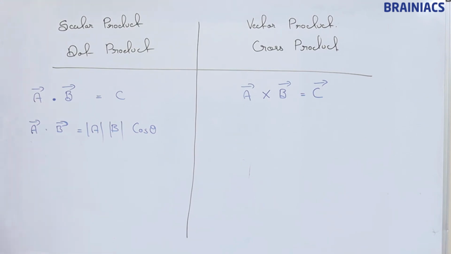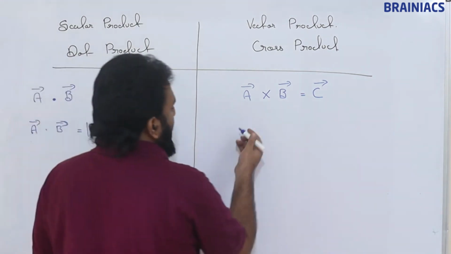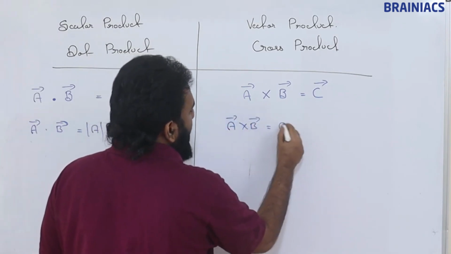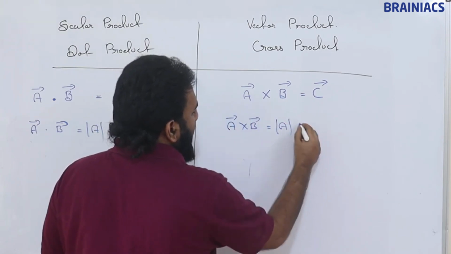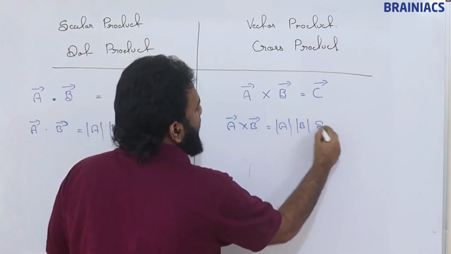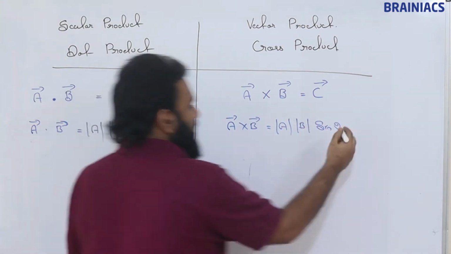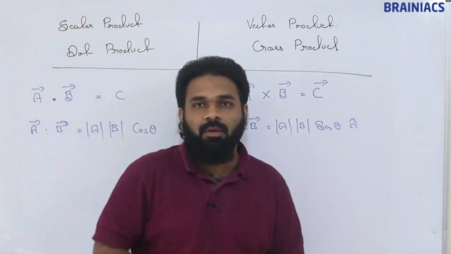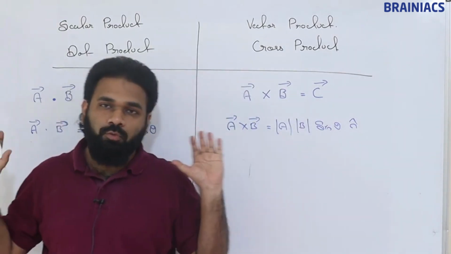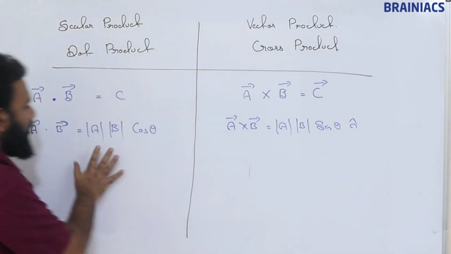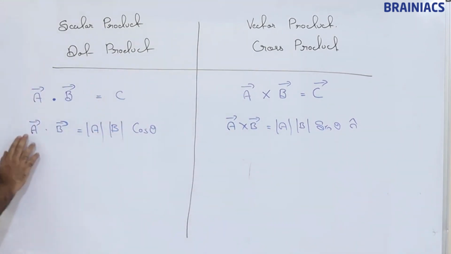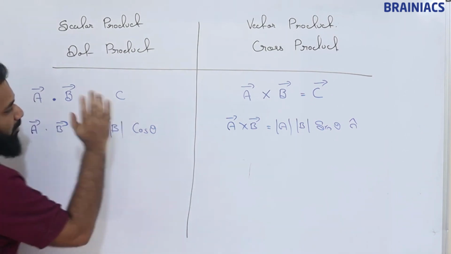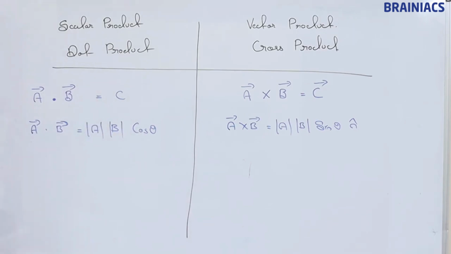This is A dot B. When we come to cross product, A cross B is magnitude of A into magnitude of B into sin theta. Just to show this as a vector, I am putting a unit vector here. We will discuss how to do this in detail. Today we will be concentrating on dot product. So vector A dot vector B is magnitude of A into magnitude of B into cos theta.